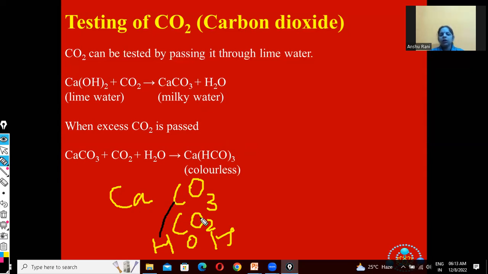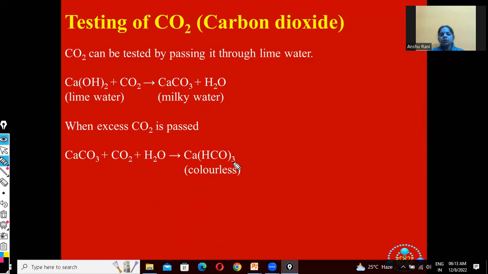H and CO3, this is HCO3, right? This is one unit of HCO3, this is another unit of HCO3. They combine with calcium to form calcium hydrogen carbonate.